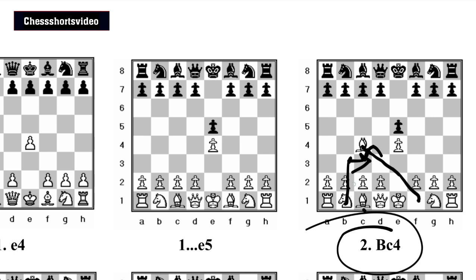When you move your knight to such a position, the knight has a quality that it can jump any piece. Suppose this is your pawn here, but the knight can jump it, no issues for the knight. When the knight jumps to this position, this is Nc3. If it jumps to this position, this is Na3.